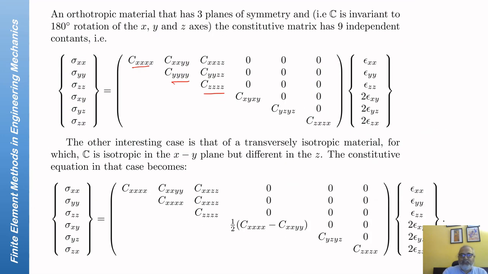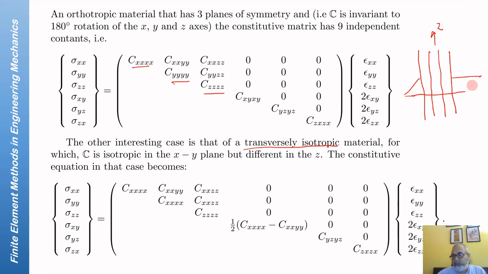We have another situation which is called a transversely isotropic material, where the situation is like in a fiber reinforced composite. So there are fibers running in this direction. Let's call it the Z direction. And you have a plane here perpendicular to the fibers, and this is the XY plane.